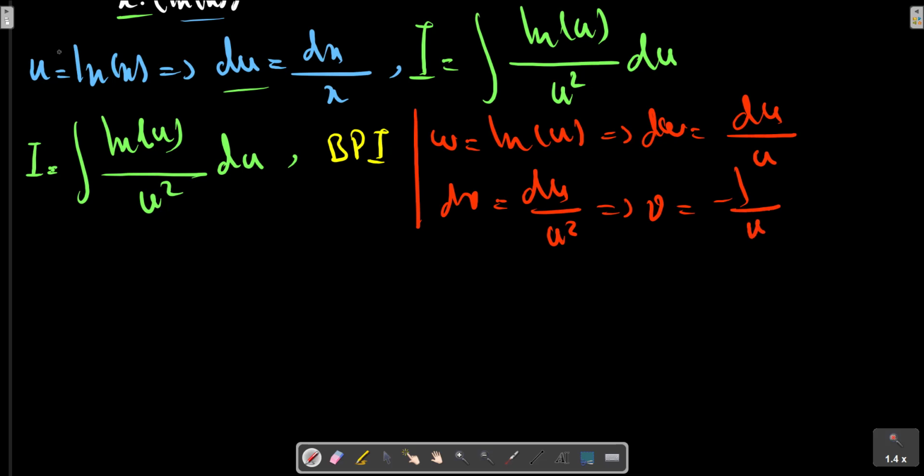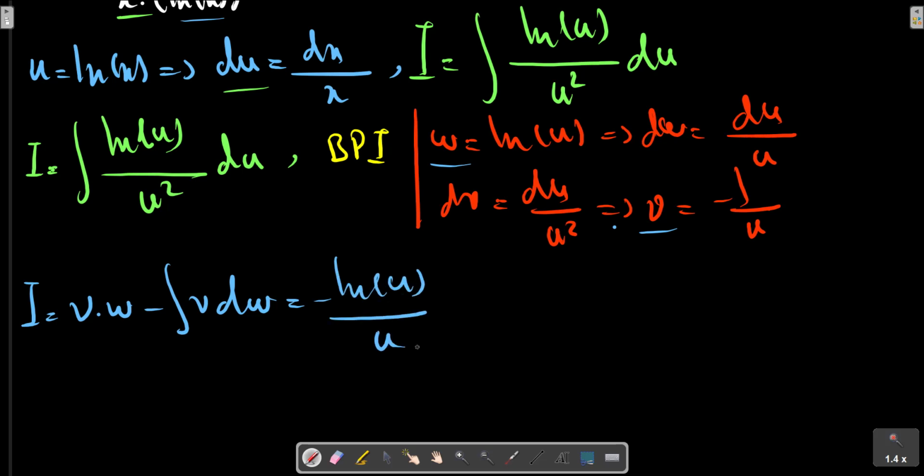Our integration becomes vw minus the integral of v dw, which is minus ln u on u plus the integral of du on u squared.